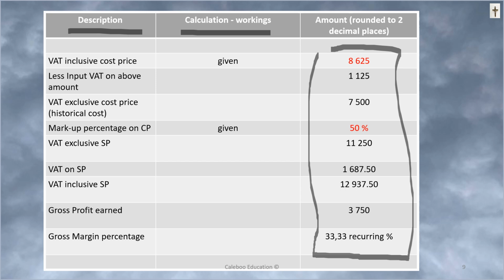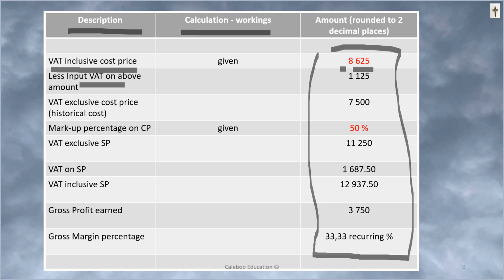So in the first line, we're given the VAT inclusive cost price. So we've bought something from the supplier and it cost 8,625, and we're going to sell that item, so we can still take off input VAT.